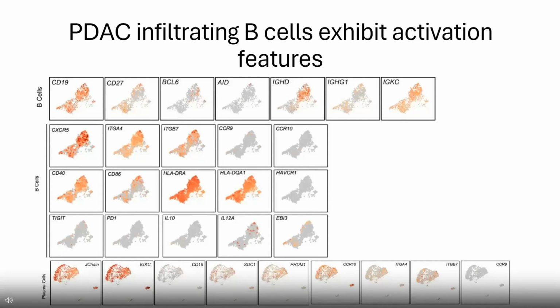So together, those data suggest that we do see activated B cells and the expansion of the plasma cell population, and the surface markers indicate those B cells and plasma cells show mucosal trafficking markers, which also helps eliminate the possibility that those may come from blood contamination.